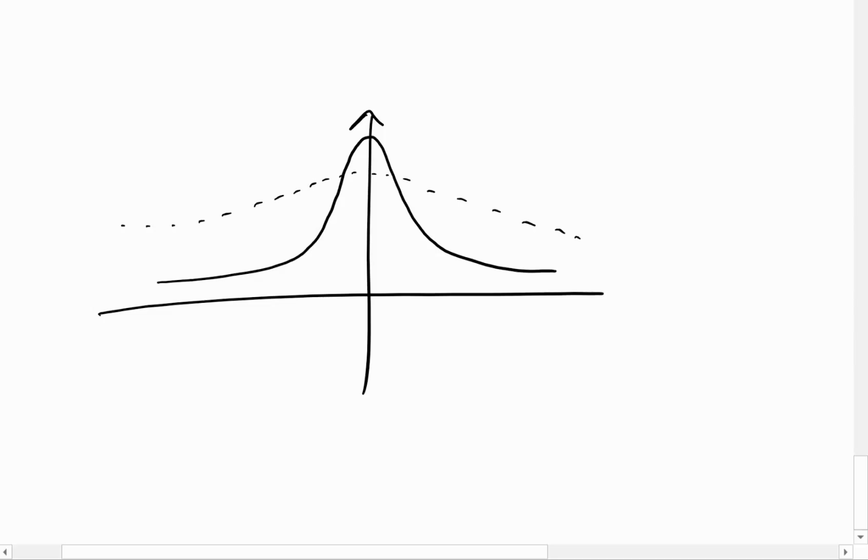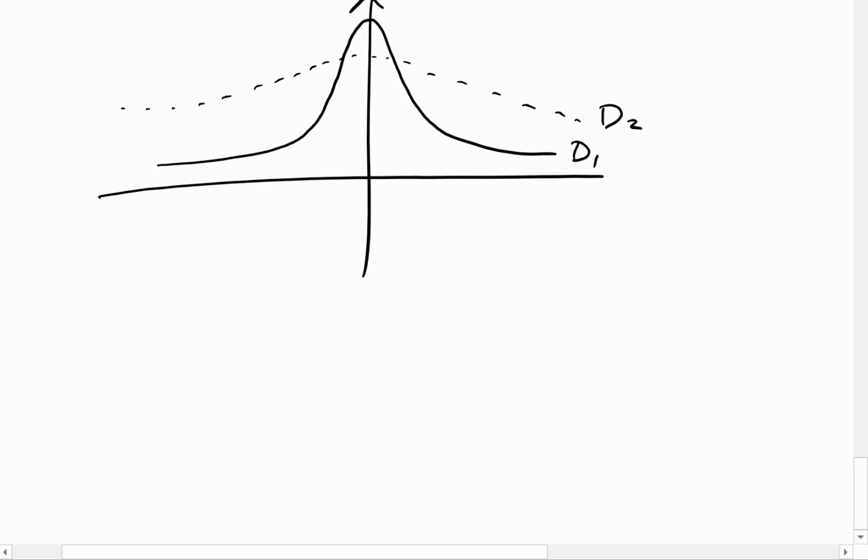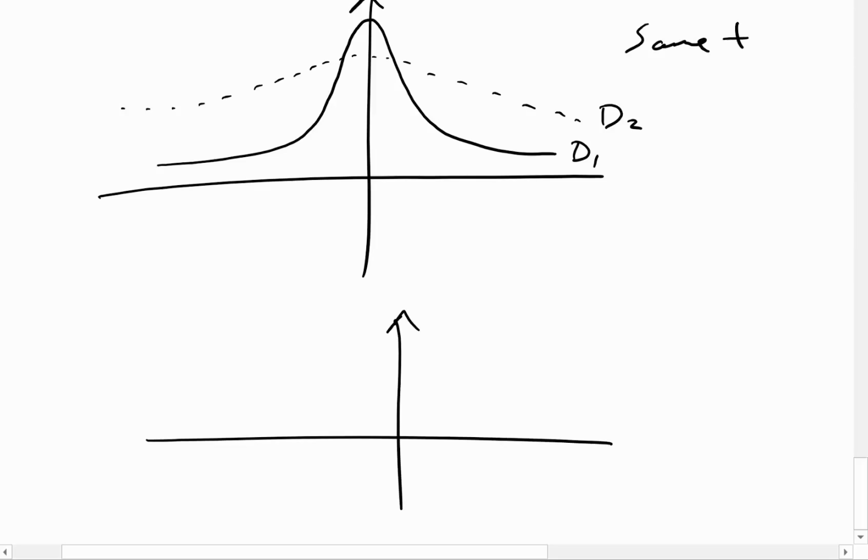So this is a higher diffusion coefficient, D2, and this is D1. Now if we keep the same diffusion coefficient and T1 happens like this, and T2 is much larger, then we end up with something like this as well. That's just showing how time and diffusion coefficients affect it.